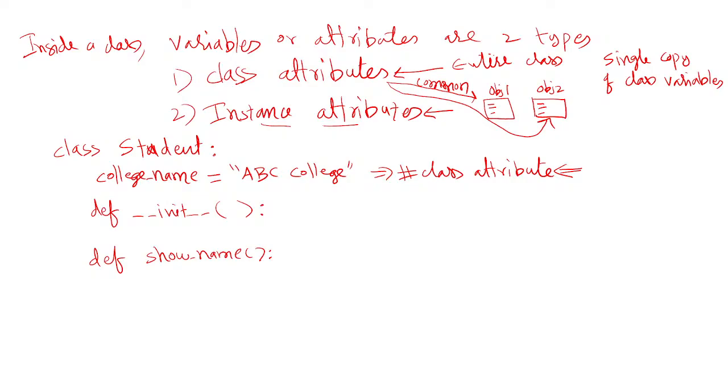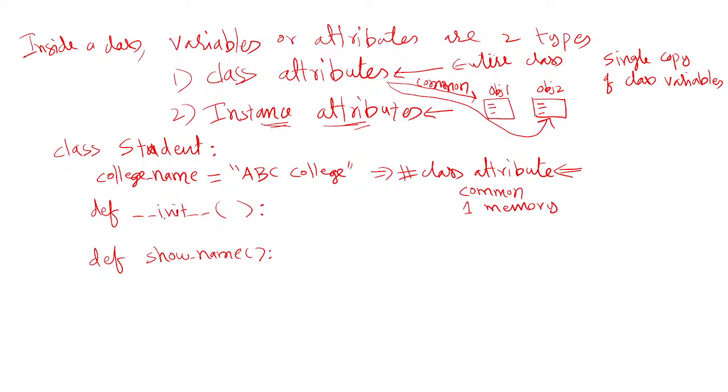And what are the characteristics of these class attributes? Common to all the objects. Only one copy of memory is available, whereas instance variables will have their own copy in each object. But for class attributes only one memory will be allocated, which is common to all the objects.